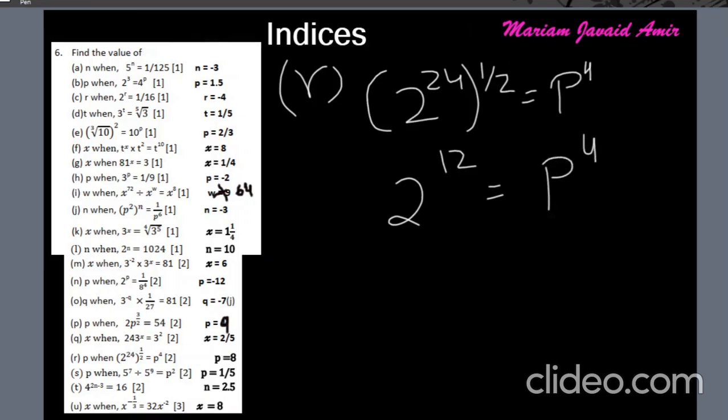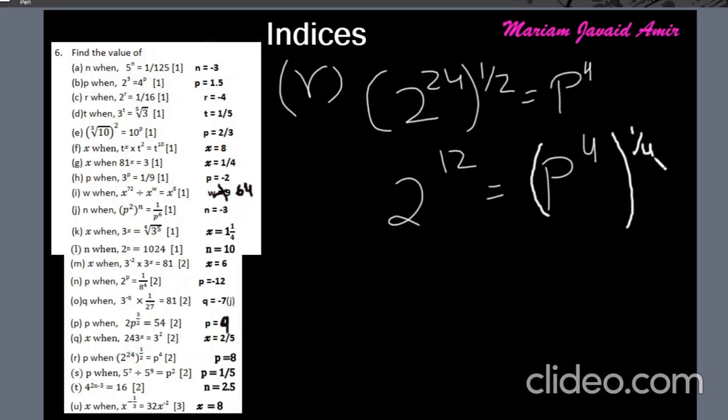So what do we do now? We need to make P the subject, right? So for that we will simply take 4th root on both sides. I need to multiply this with the power so that I get P1.